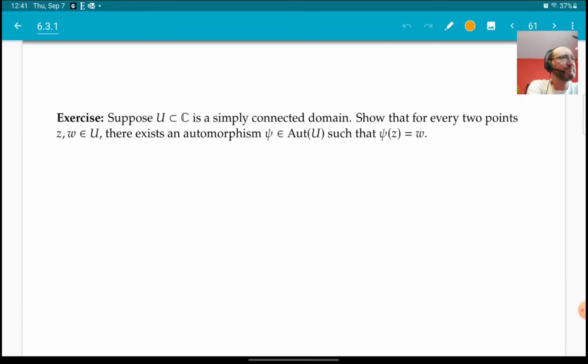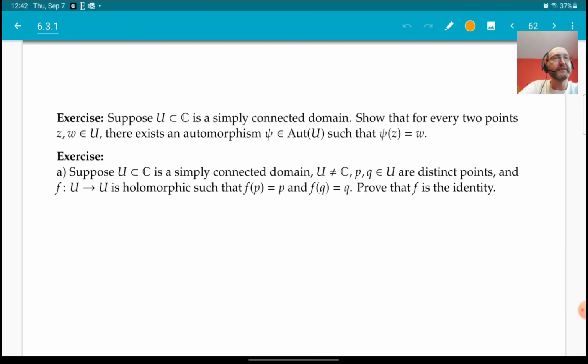Well, by this theorem, up to knowing what the Riemann mapping is, you sort of know a lot about automorphisms of any simply connected domain, because it's just biholomorphic to the disk. So, for example, for any simply connected domain U, there is a biholomorphic map from U to U that takes one point to any other point.